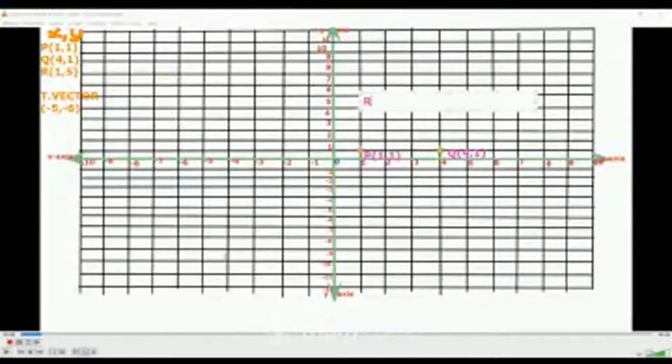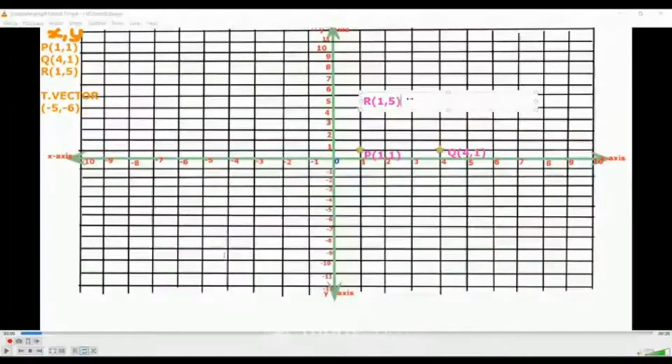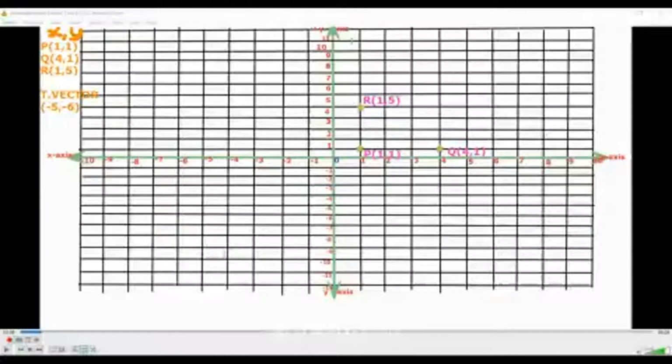R, formed by positive 1 and then positive 5. Sorry. Now, once you have done a shape, let us join the points to form shapes here.